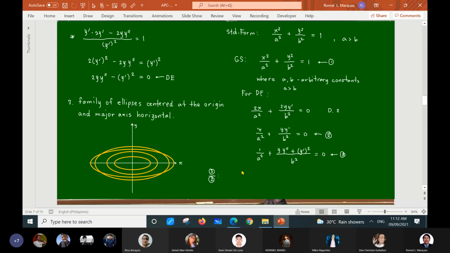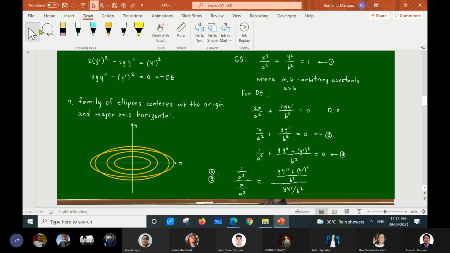Yung 1 over a squared, di-divide ko siya sa x over a squared. Tatranspose ko sa kanan to. Kaya yung kanan, i-divide ko ng what? Y prime over b squared po. Okay, no? By y prime over b squared. Okay na?